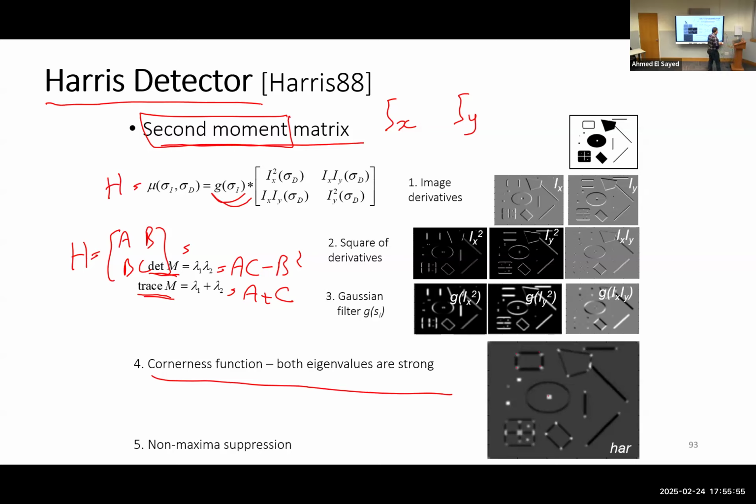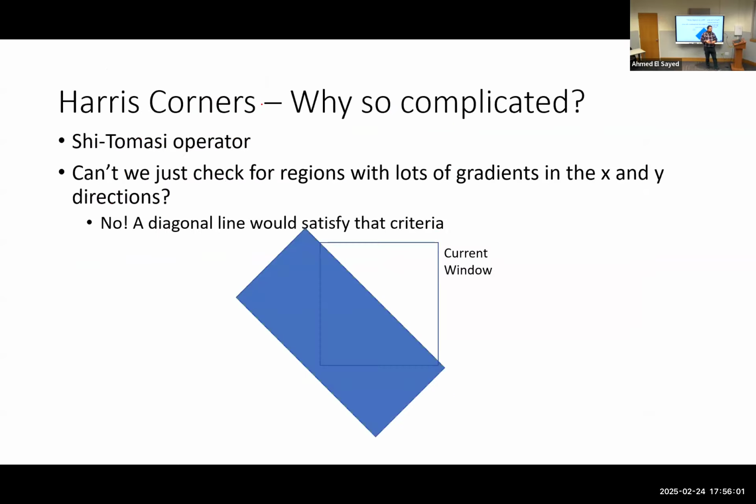Okay. Now, as I said, Harris is still in action, yes, but it has some problems. What are those problems? Assume that you have corners that are a little bit rotated. Will you be able to find those corners easily? The answer is that you have some troubles with that. And also, sometimes you can find corners in between the areas.